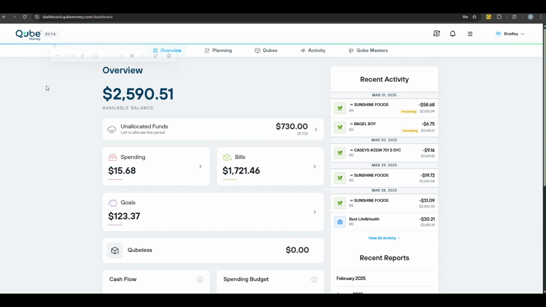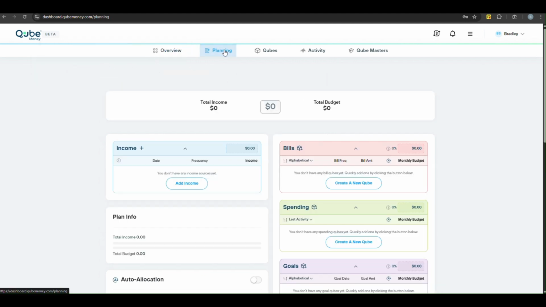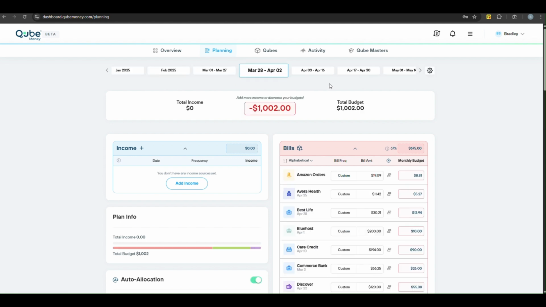And that is a feature that I really want to use because I know that all the bills, the short-term monthly bills plus the longer-term bills that are in my sinking funds, they all come out to $730 per paycheck.